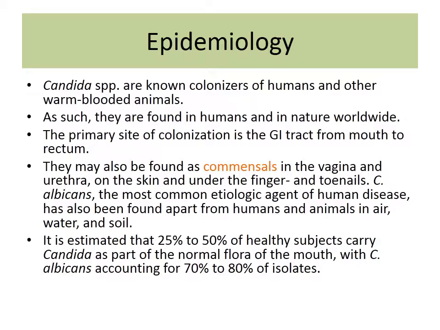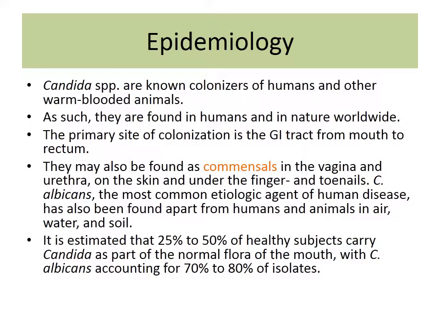The other important thing to keep in mind is that Candida species are also considered normal commensals in the vaginal and urethral flora in females. That's another challenge that we have. So we include that in terms of opportunistic infections, especially if the use of antibiotics or some other things may change that.